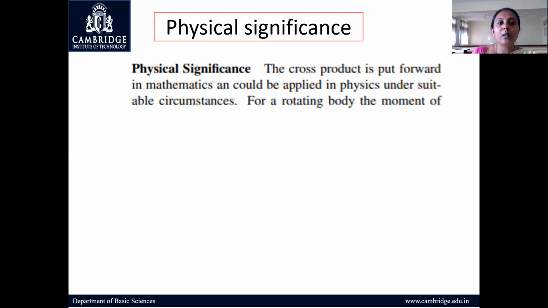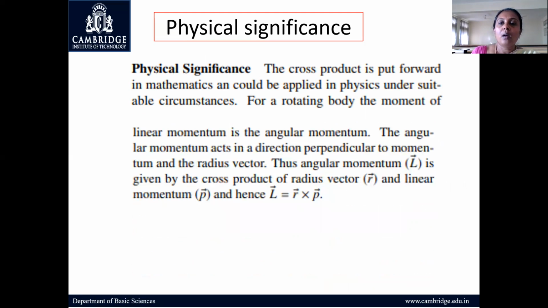So the physical significance is very simple. The cross product is put forward in mathematics and could be applied in physics under suitable circumstances. For a rotating body, the moment of a body, which is linear momentum, gives the angular momentum. The angular momentum acts in a direction perpendicular to the momentum and the radius vector.